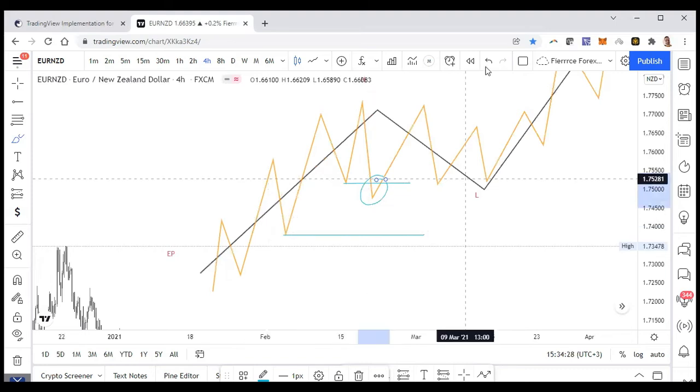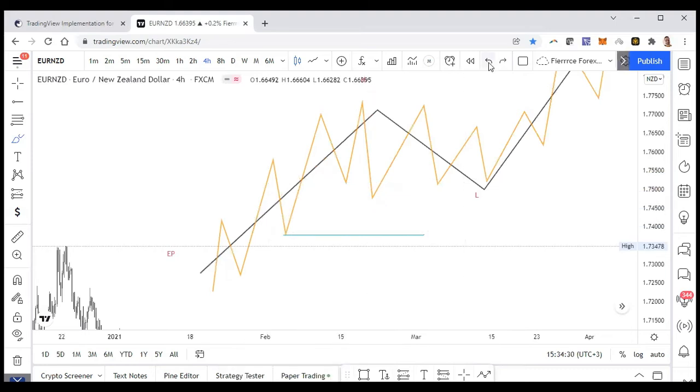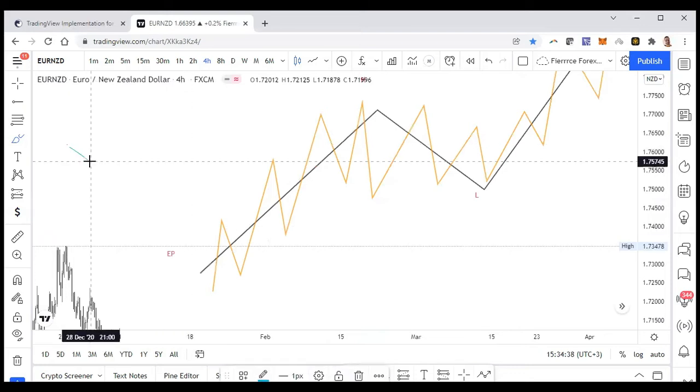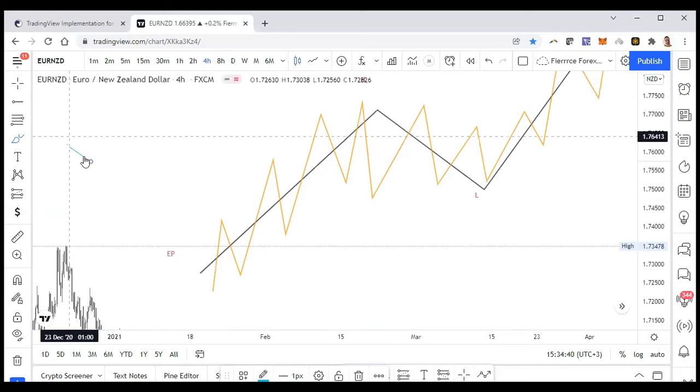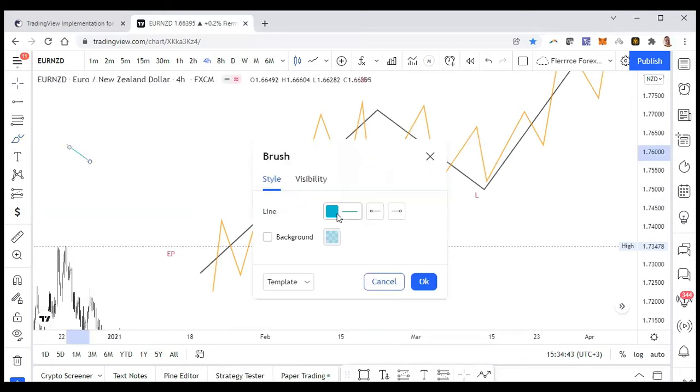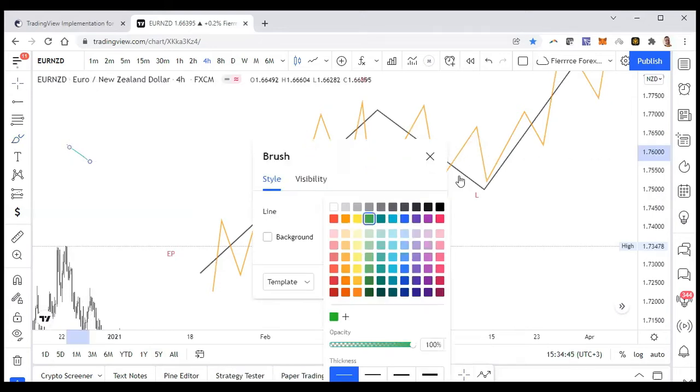Now, let's just do this again. So if I am to draw this out, just hold on, guys. I want to maybe change the color of this and make it green.